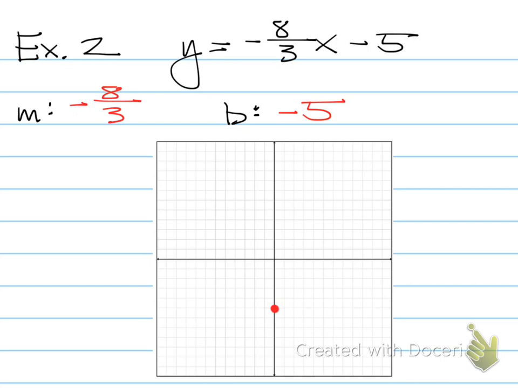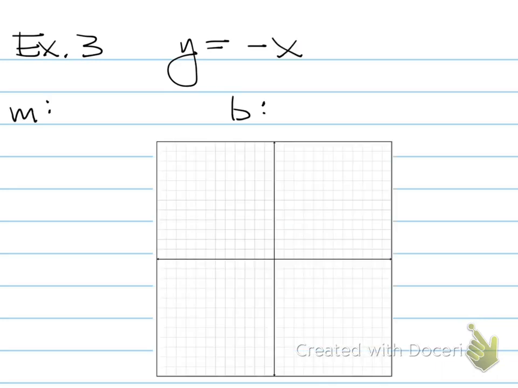And the slope is -8 over 3. However, if we go down 8 units, we'll run out of space and we'll be outside of the graph. So instead of going down 8 and to the right 3, we're going to instead go up 8 and to the left 3. Up 8 and to the left 3 is the same thing as going down 8 and to the right 3. Draw a line through those 2 points, and we have our graph.